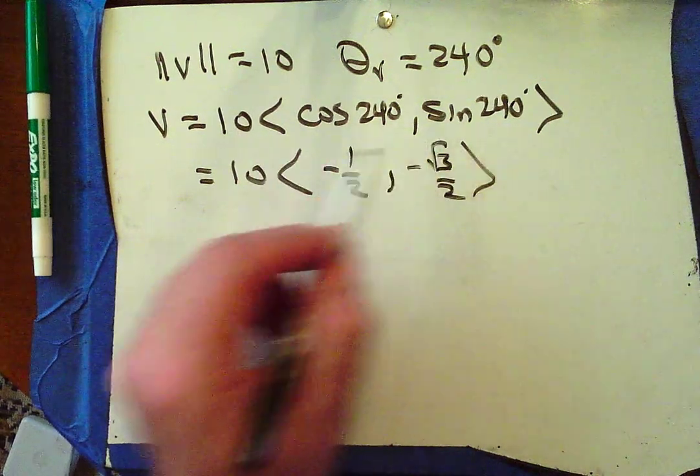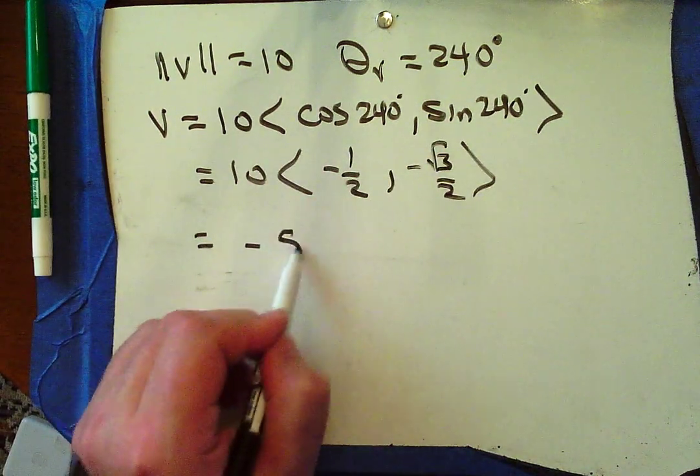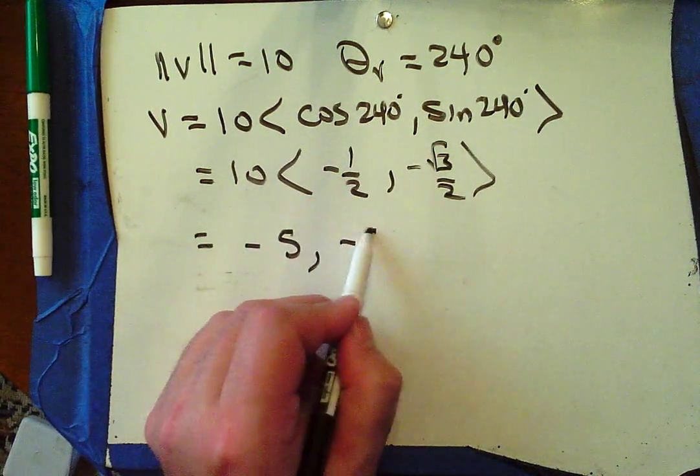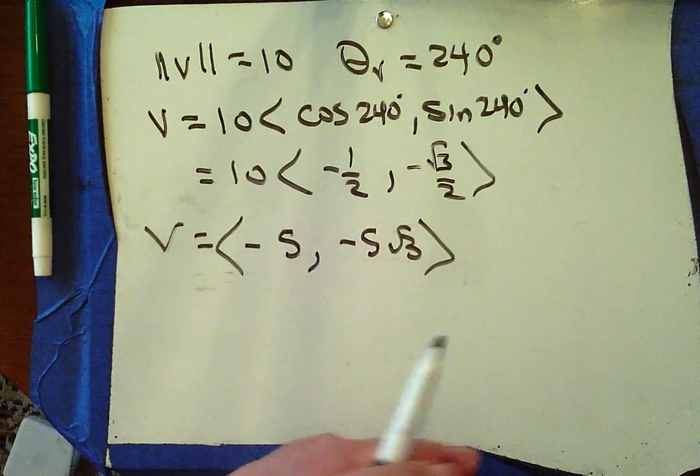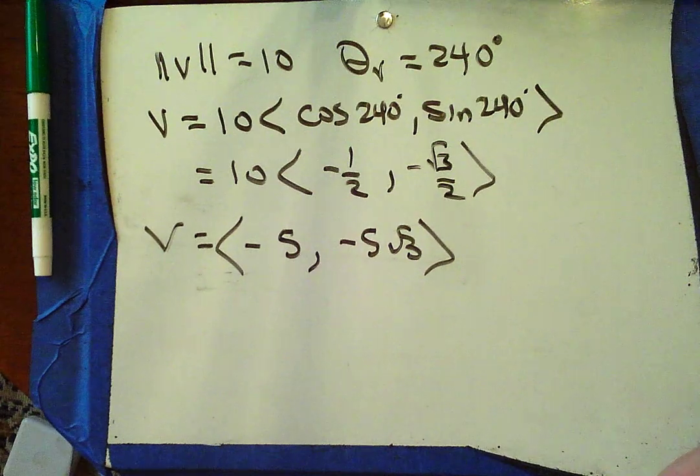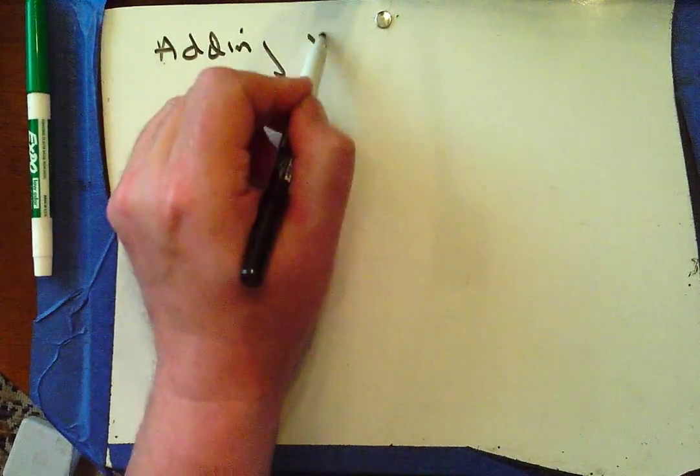I distribute the 10, and I get negative 5, comma, negative 5 root 3. There's v in component form. All right. Now, completely different type of problem is what I want to head to next. Well, not completely different. It's actually an extension of this. It's adding vectors.